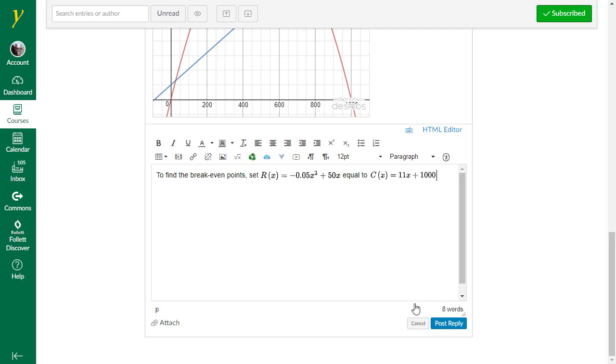I can continue to do this to show all the work that I had in the previous picture that you saw. So let's go ahead and do some of that work. I'm going to come down here below, and I'm going to center this, and now I'm going to show those two formulas set equal.